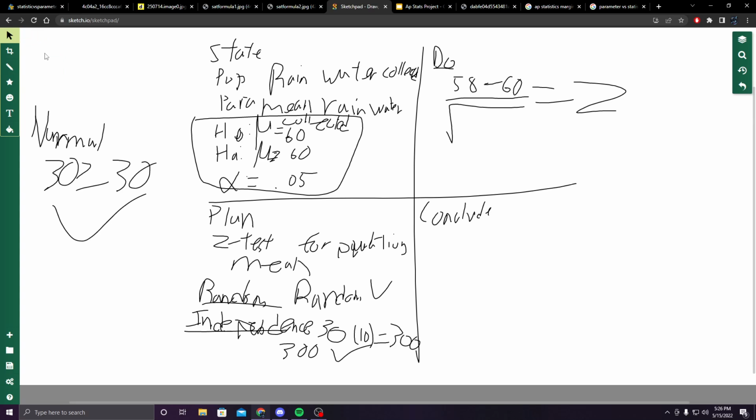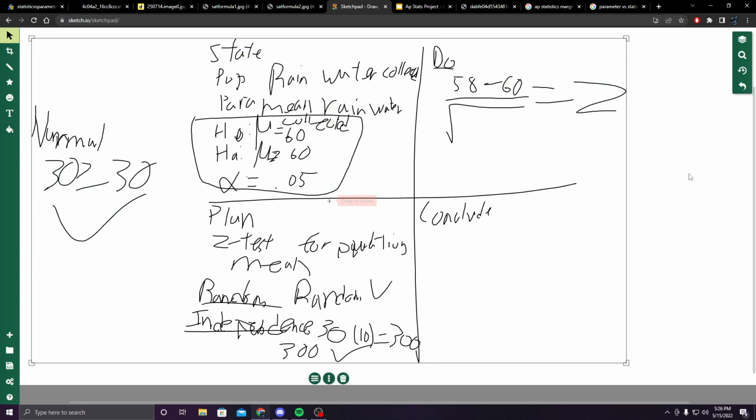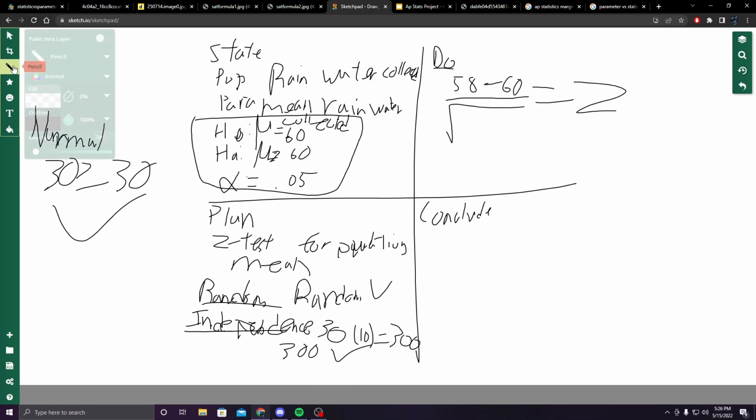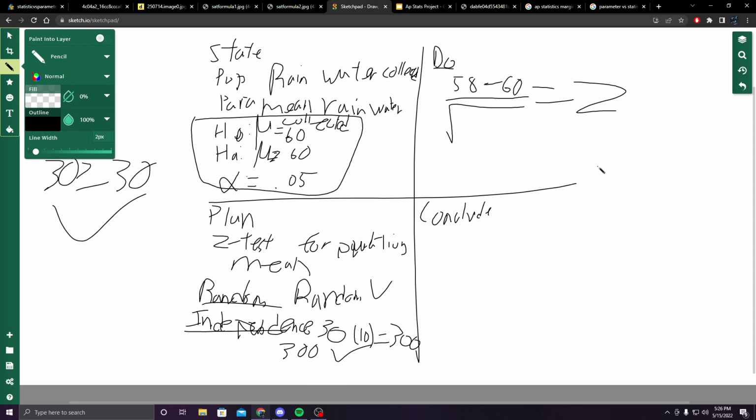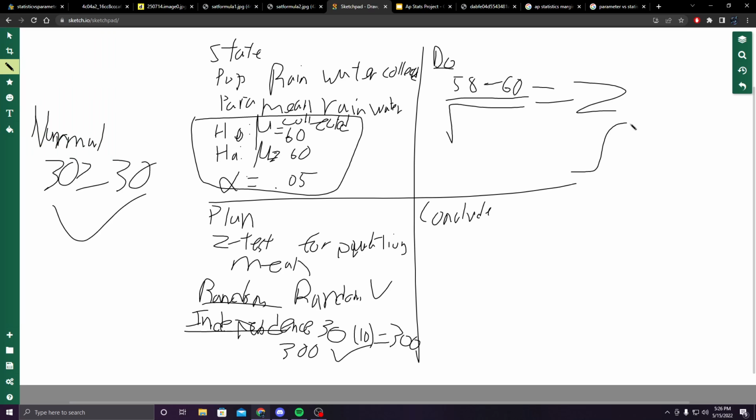A thing to know when you're finding your z-score is that for z-scores, at least, you're always going to be to the left of the graph.